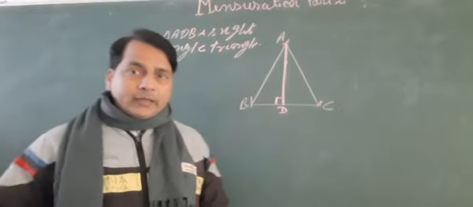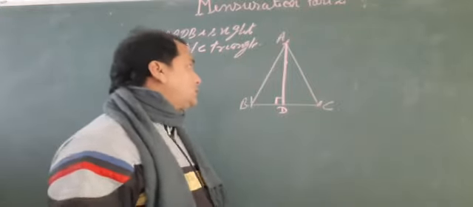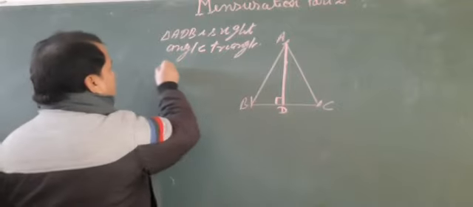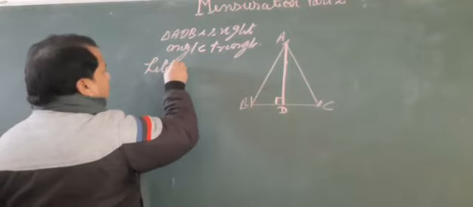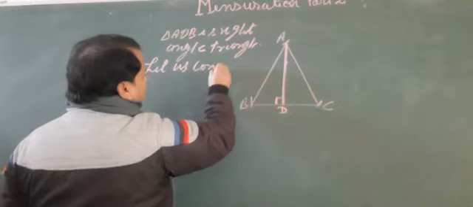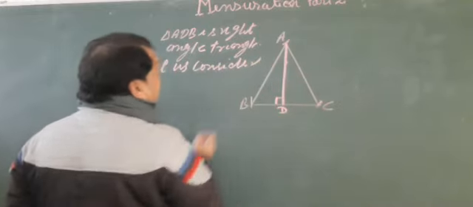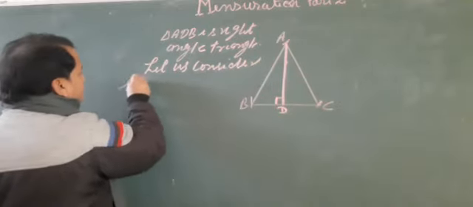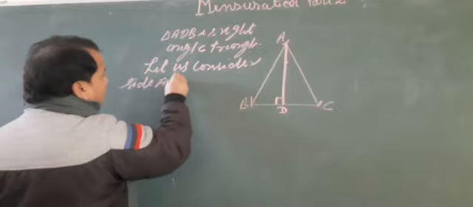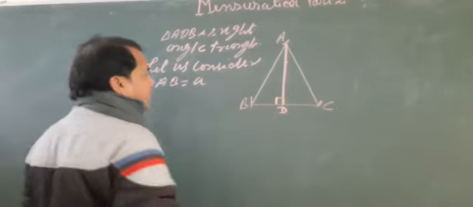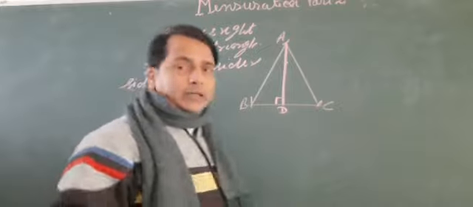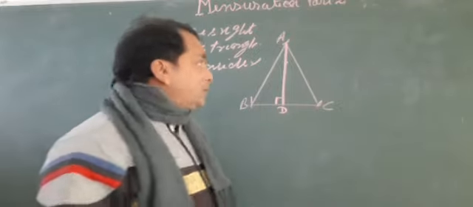Now suppose that the side of the equilateral triangle is A. Let us consider side AB equal to A. So it is clear that in an equilateral triangle all sides are equal.